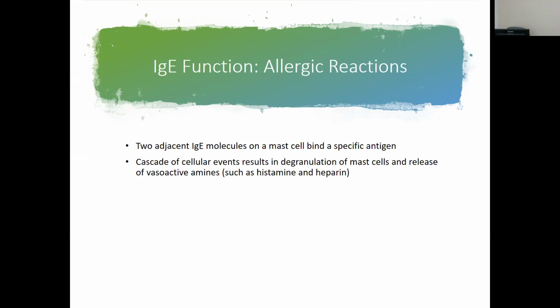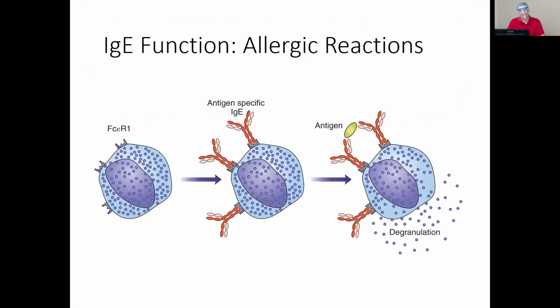Anybody know what heparin does? Anticoagulant? Yes, anticoagulant. Why would we want heparin if we're having a degranulation of the mast cells and vasoactive amines? What would it do? Increase blood flow, right? All right, so here is that mast cell with the receptors for 2 IgE molecules of immunoglobulins.